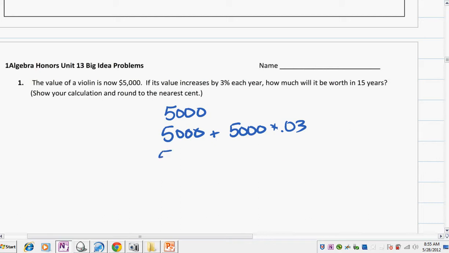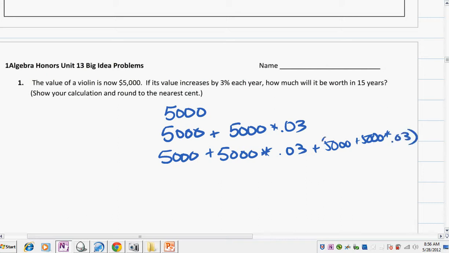And then the year after that, it's the $5,000 you started with plus the 5,000 times the 3% that you originally had. But then you need to take this whole thing, which was the 5,000 plus the 5,000 times the 3%, and multiply that by another 3% to show an increase, and so on and so forth.